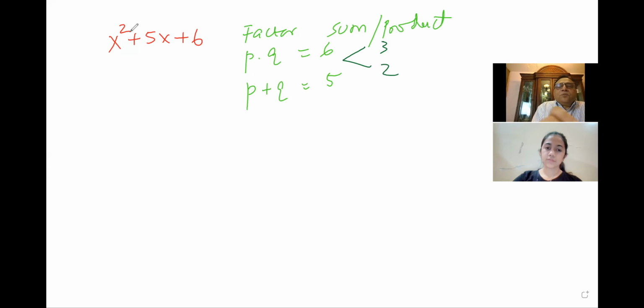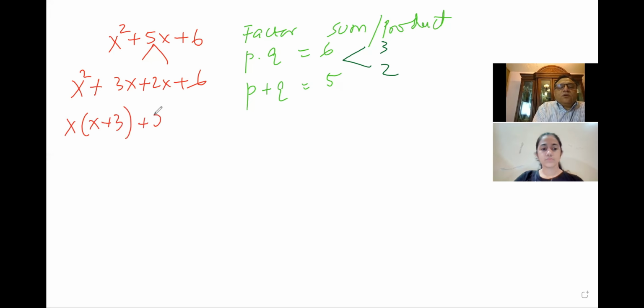So I can now write this expression as x squared plus 3x plus 2x plus 6, splitting into 3 and 2, right? Yes. Then you can factor: x is common here, we get x plus 3, and 2 is common here, we get x plus 3, and then x plus 3 is common, and we get x plus 2. Do you see how we are connecting?